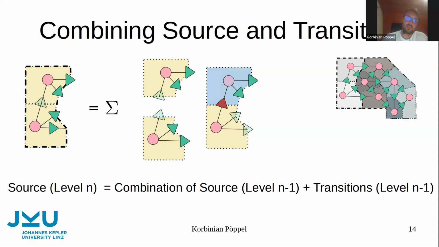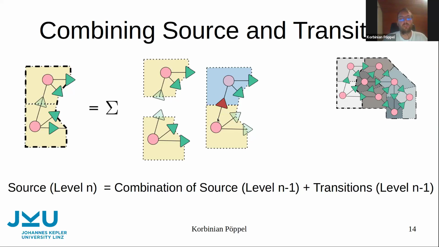So here I want to visualize this again. Lots of these puzzles basically. What we can do with the source, transition, and mark gating system is create this higher level source that now connects 2 incoming edges with these outgoing edges. And this is via the sum of the single source contributions and this combination of a source and a transition here.